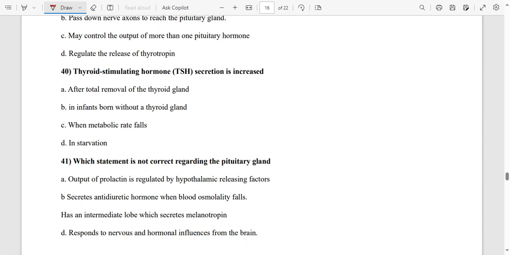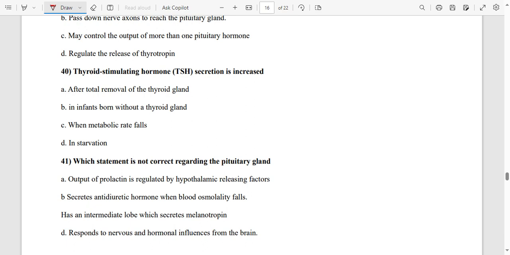The paraventricular nucleus is going to release thyrotropin releasing hormone, and this one is going to circulate in blood, and then it will go and stimulate the pituitary to secrete thyroid stimulating hormone. Thyroid stimulating hormone is now going to go to the thyroid gland and act on its receptors, and then it will cause it to produce the thyroid hormone.